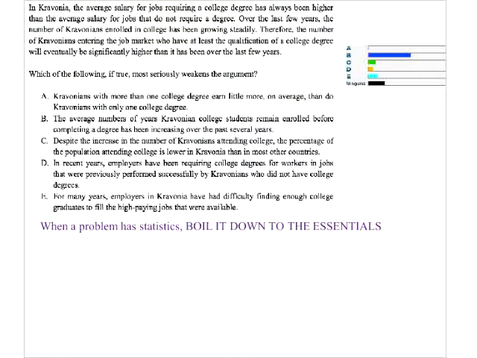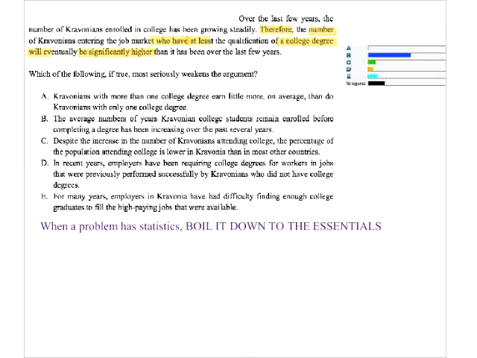What's going on here is the conclusion of this argument is that the number of Cravonians who have at least a college degree will grow. So this is an argument. That means the first statement is really just a background statement. The average salary part is just background, basically not even relevant to the argument, because it has nothing to do with the number of people who have degrees.